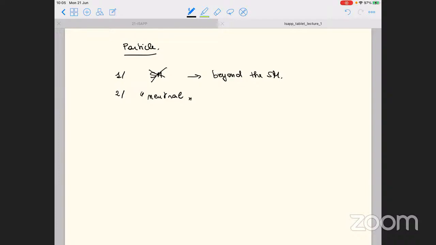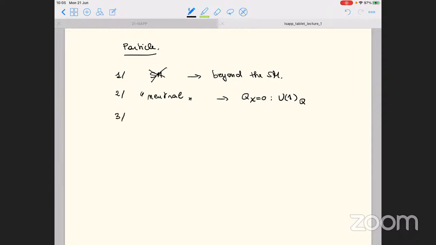We want the charge of the dark matter under U1 electromagnetism to be equal to 0. Dark matter can be charged under some gauge group, and if you think of the gauge group of the standard model, it could have electroweak interactions, for example.